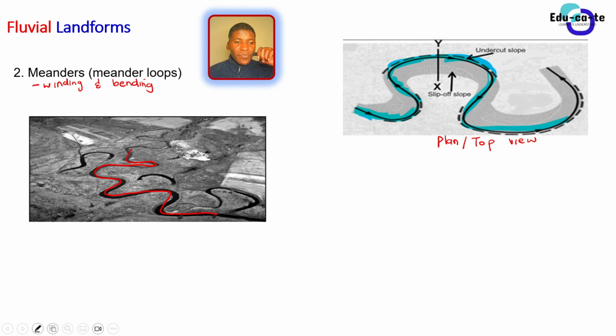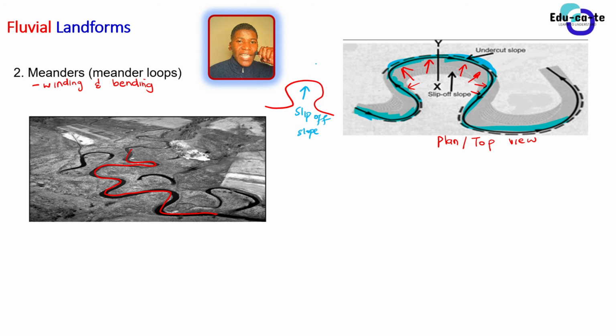So now, which one is which? The slip-off slope of a meander loop is the slope that is inside, in the inner bank. So the inner parts of this meander loop, it is the slip-off slope. So if I can just redraw the meander as something like this, the inner part or the inner slope of the meander loop is known as a slip-off slope.